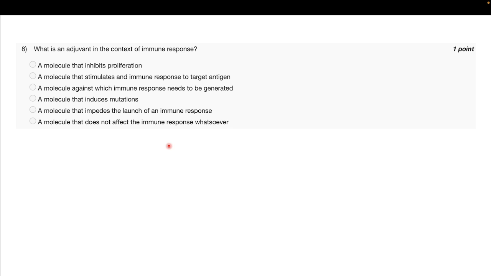Option 2. Okay, option 2 is a molecule that stimulates the immune response to target antigen. Okay, thank you for answering. Anybody else has a different answer apart from option 2?